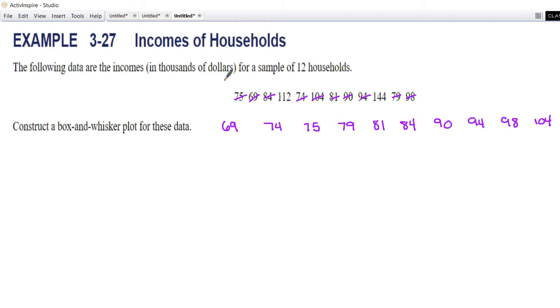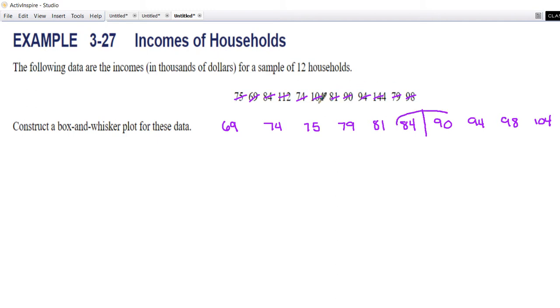Okay, now that we are given our data in order, we want to first find the median. So the median is going to be the middle value. There are 6 values on either side of the middle, and I got that from doing 12 divided by 2. 1, 2, 3, 4, 5, 6. So my middle is in between 84 and 90, because there are 6 values to the left, 6 values to the right.